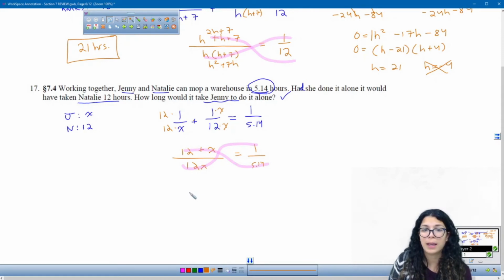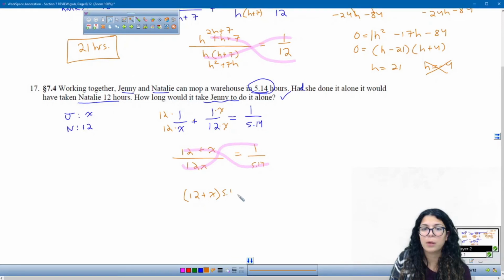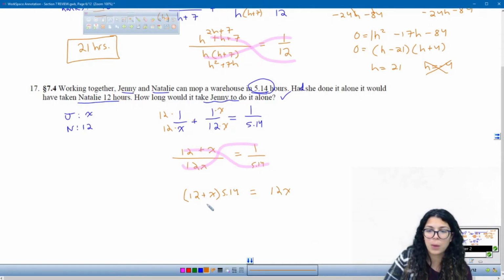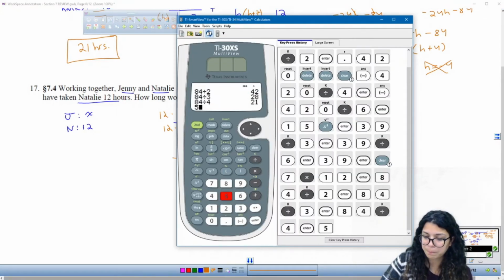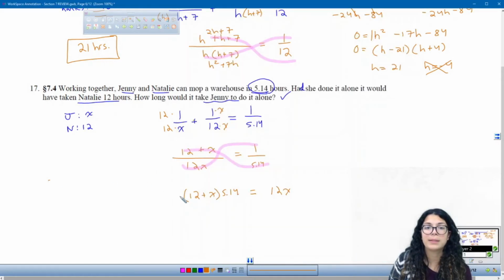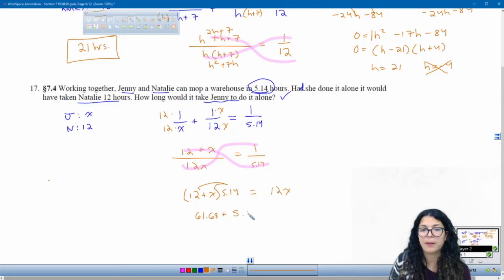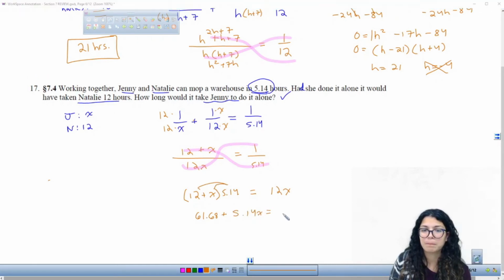So 12 plus x times the 5.14 equals 1 times 12x, which would just be 12x. 5.14 times 12 is 61.68. And 5.14 times x, which of course will be 5.14x.